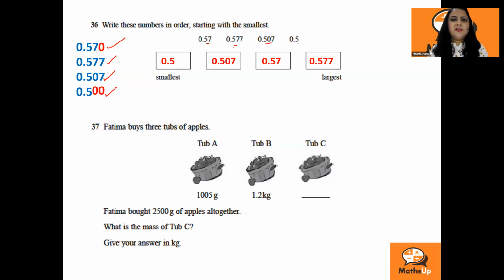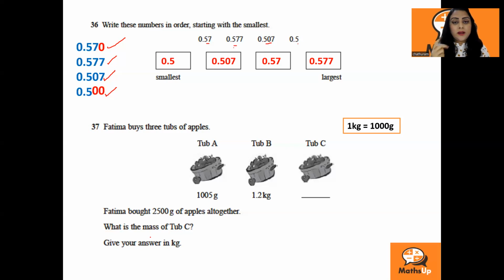So in this question, the most important thing is that 1 kilogram equals 1,000 grams. That is the most important thing. 1 kilogram equals 1,000 grams. So you can do it in 2 ways.